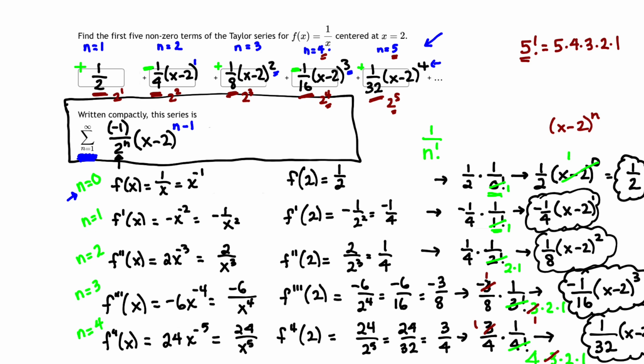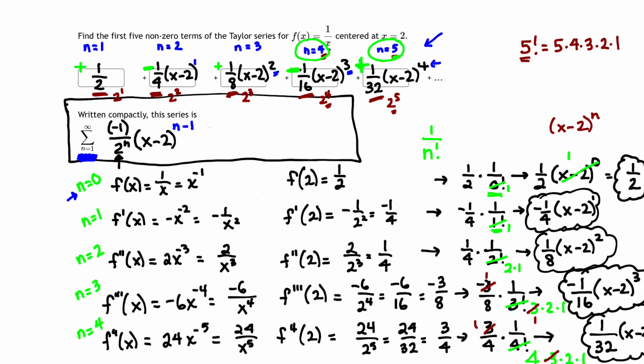What I do know is that when n is 5, I have a positive 1. When n is 4, I need a negative.